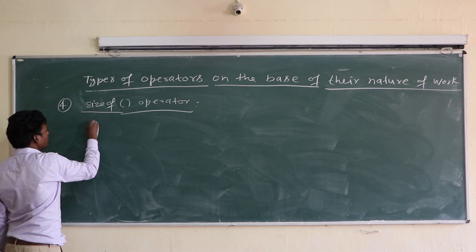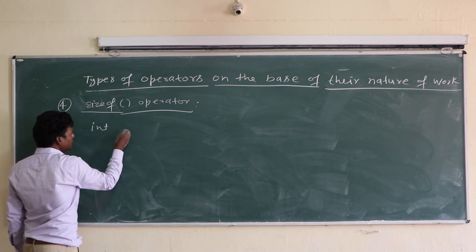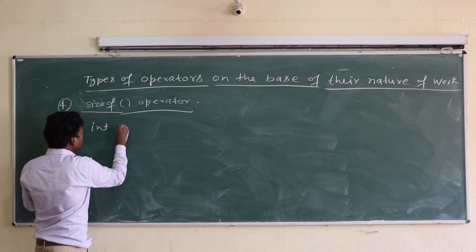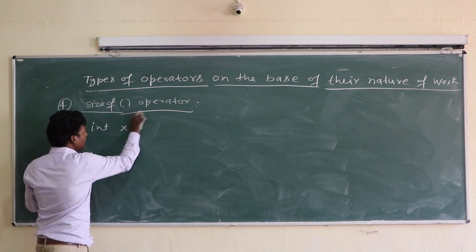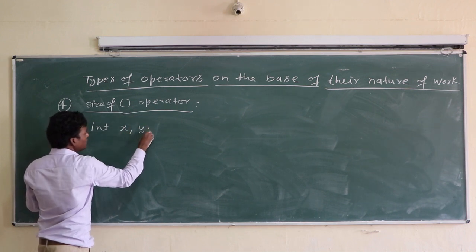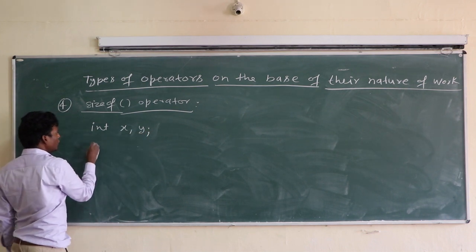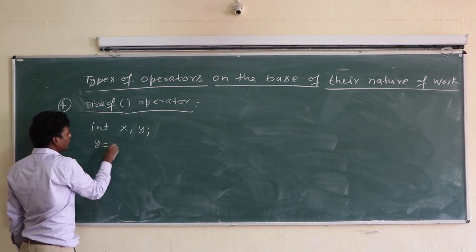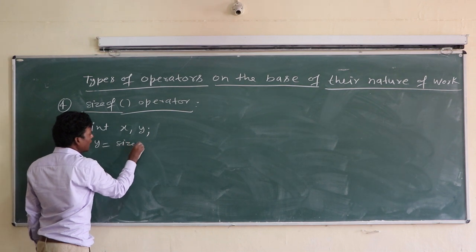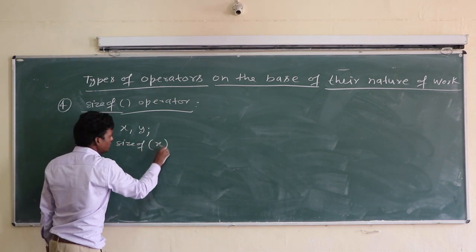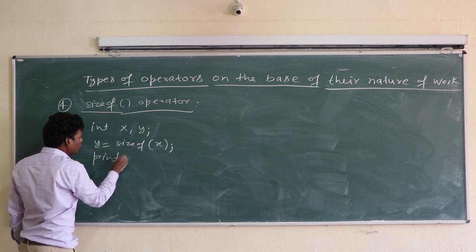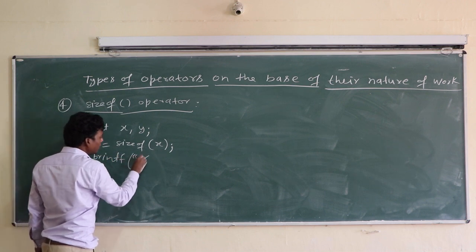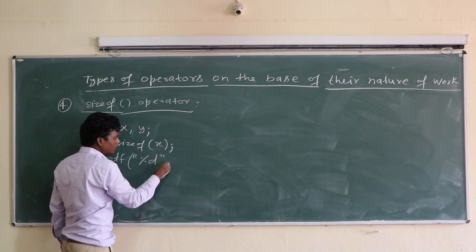For example, int x, y; and you perform y = sizeof(x), and now you are going to print y, printf("%d", y).